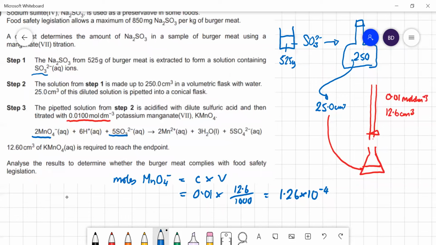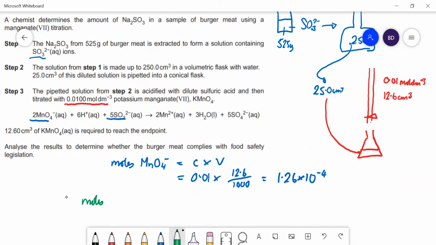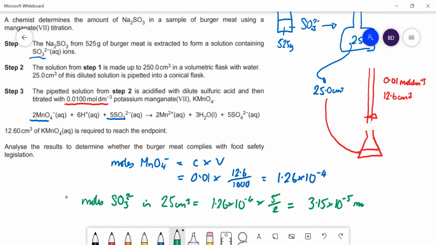So our moles of sulfite, in 25 centimeters cubed, is equal to 1.26 times 10 to the minus 4 multiplied by 5 over 2, which gives us 3.15 times 10 to the minus 4 moles of that.